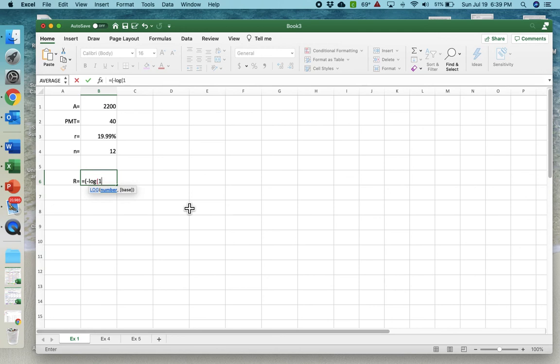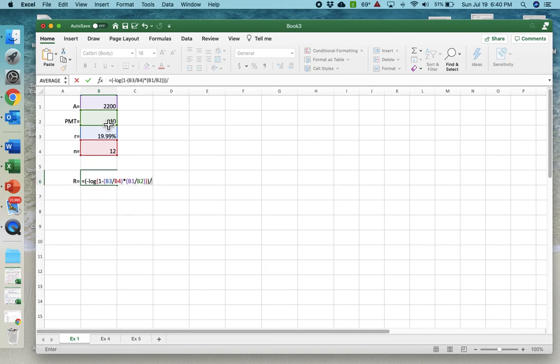So 1 minus R divided by N in parentheses, times A divided by the payment in parentheses. And then we'll close the log parentheses and close the top parentheses.